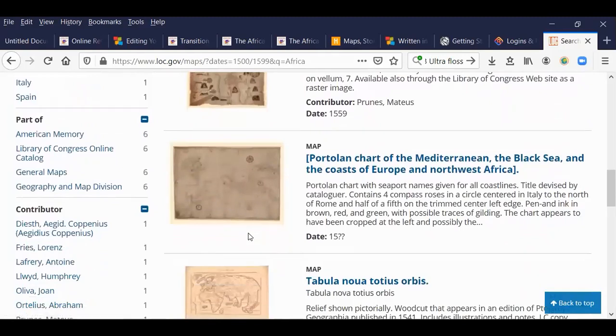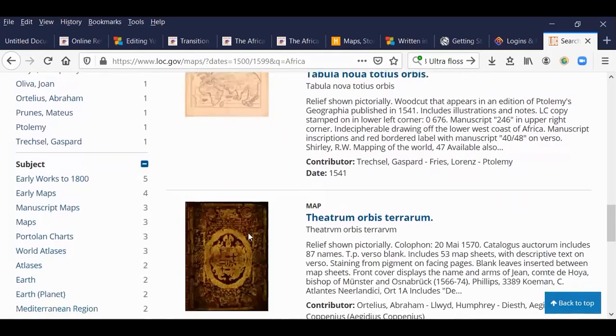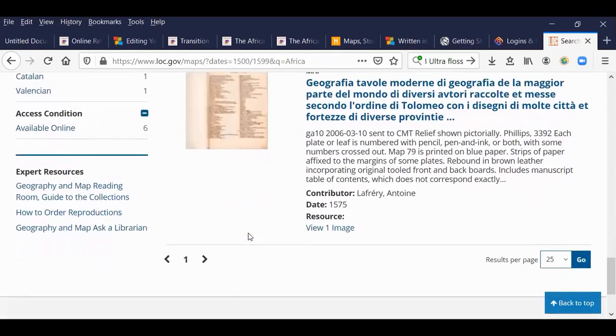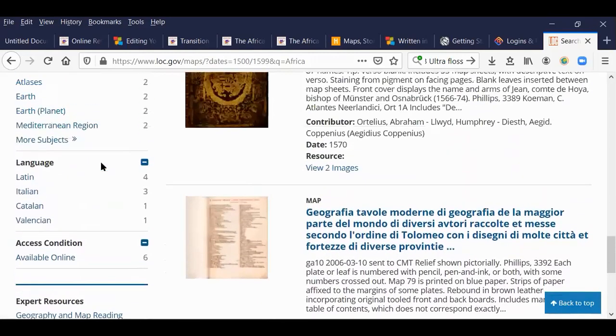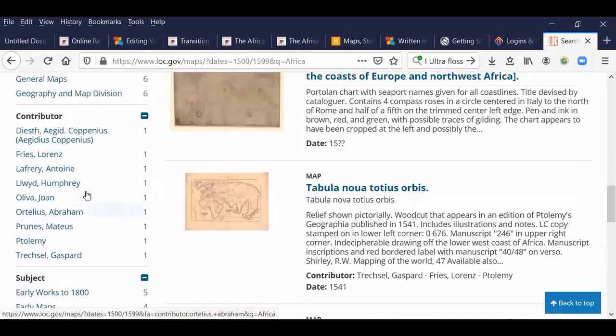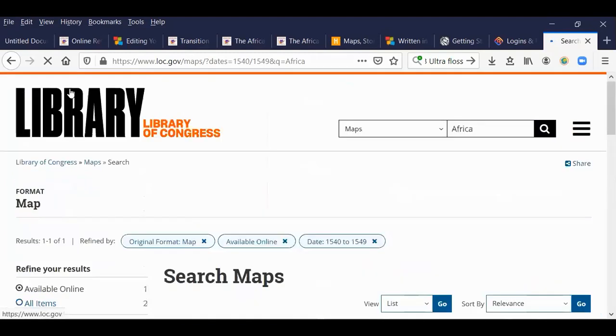If you click on these, you can get through to the map images behind them and learn a lot about this earlier period. Let's go to a more recent period, not the 1500 to 1599, but 1540 to 1549.